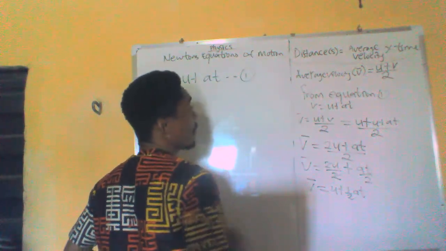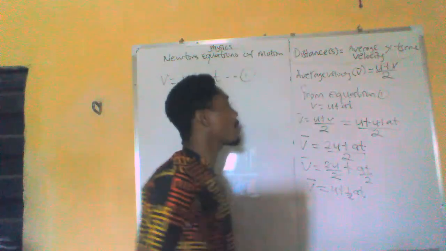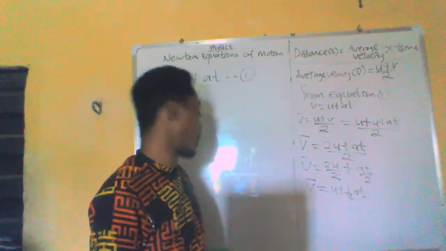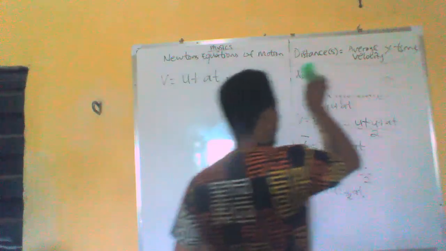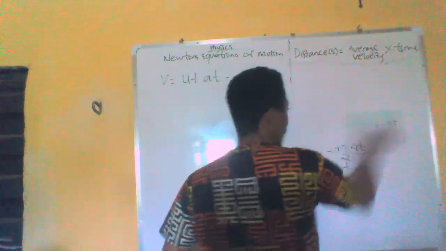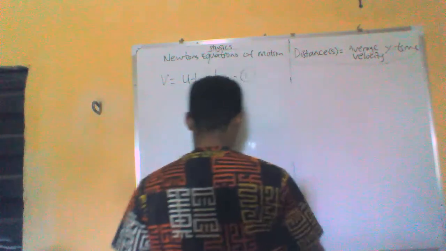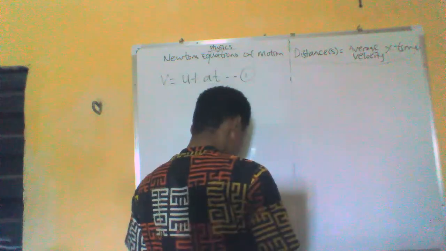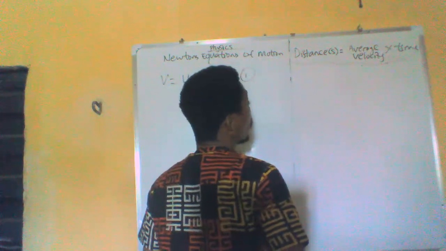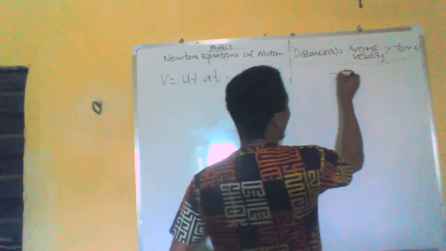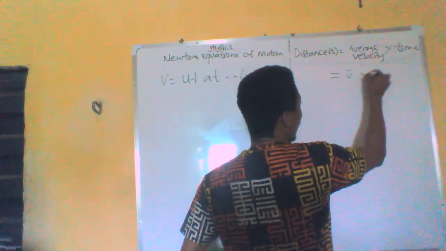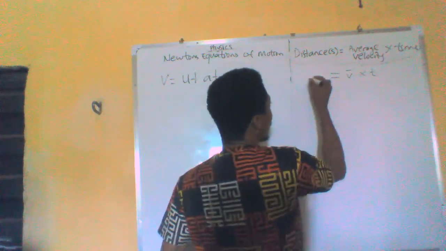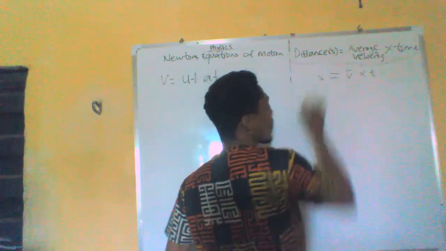So from there, let's make the substitution. We now have our average velocity, V bar, times time, and our distance is S.